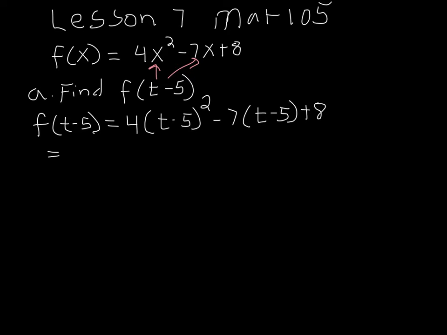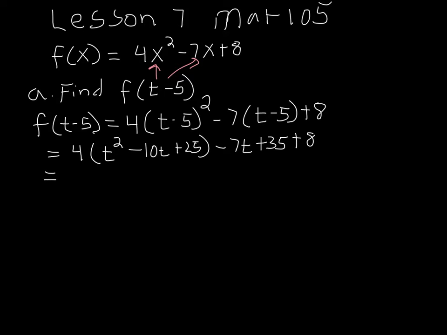So for the first part, I'm going to go ahead and expand that binomial. So I'm going to have my 4 times (t squared minus 10t plus 25) minus 7t plus 35 plus 8.